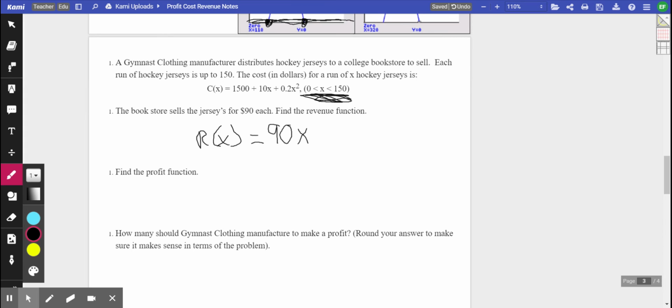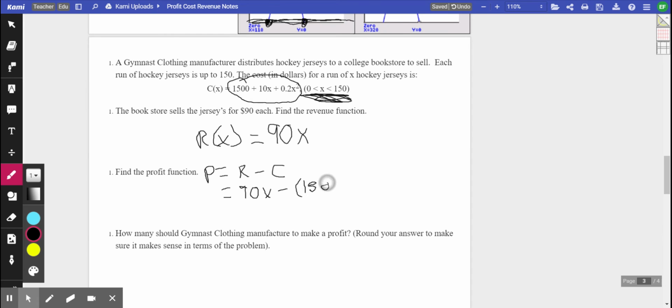That's our revenue. Our profit function from before: profit is equal to revenue minus cost. So our profit is going to be equal to our revenue function from our prior step, 90x, minus cost, which was given to us way up here.